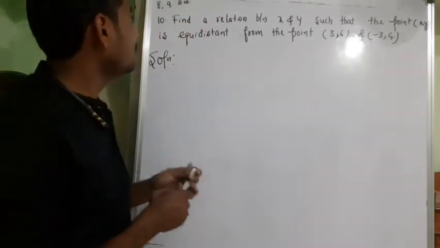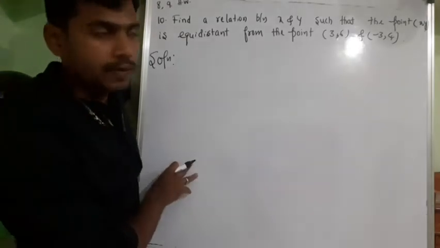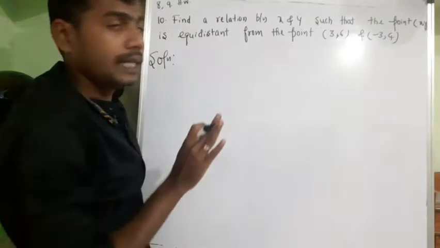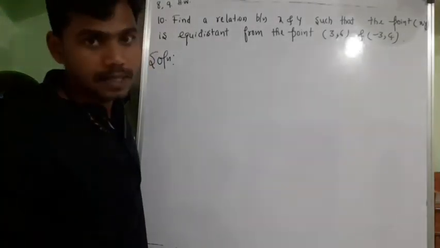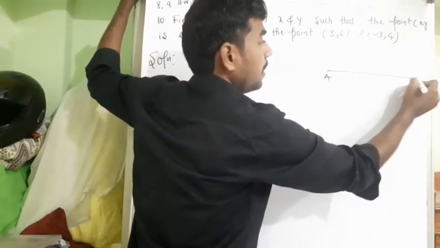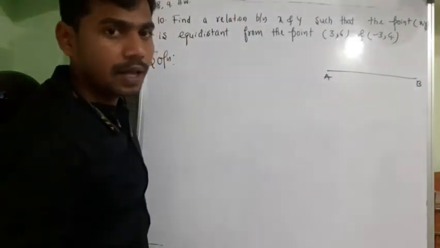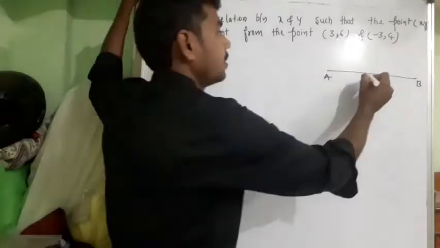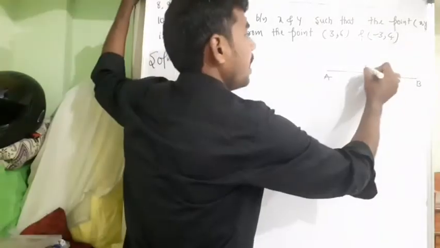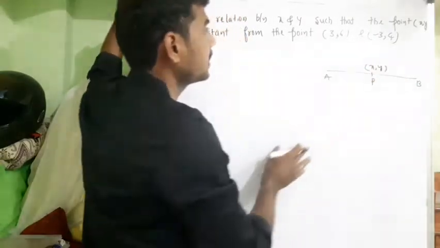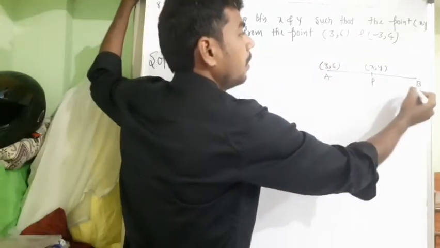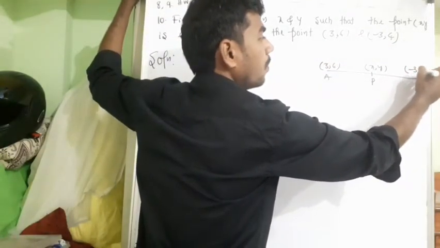So 10th question, find a relationship between x and y such that the point (x, y) is equidistant from the points (3, 6) and (-3, 4). See, AB is a line, and in between the line there is a point, suppose say P, and the coordinates of P are x and y, and they are equidistant from the points A and B. Let A be (3, 6) and B be (-3, 4).